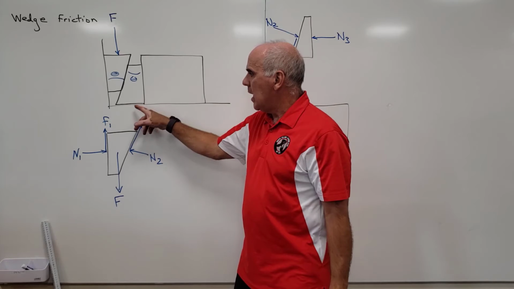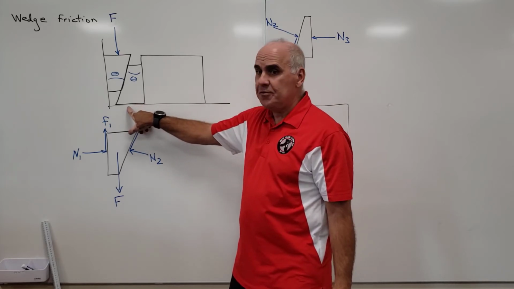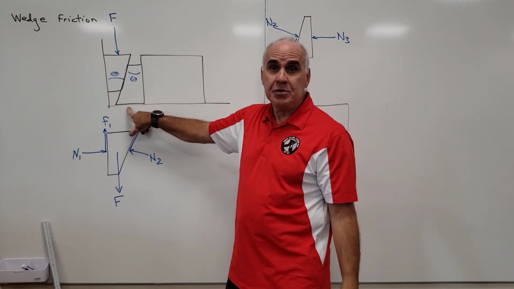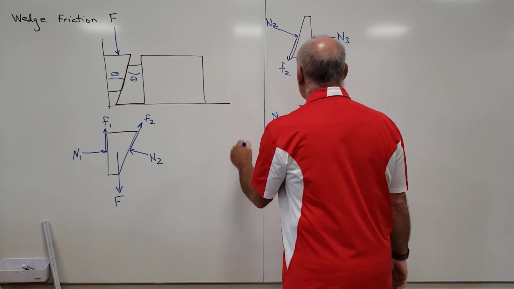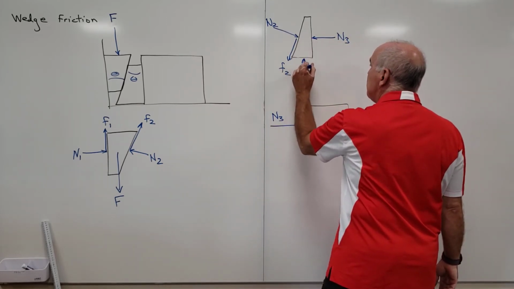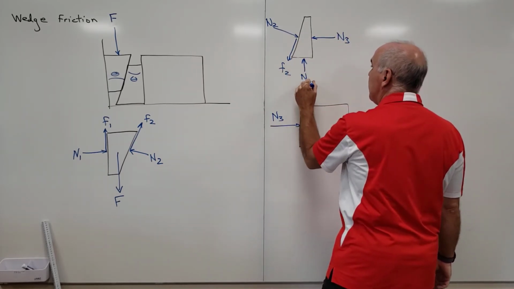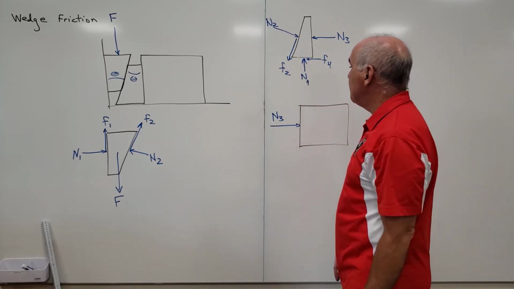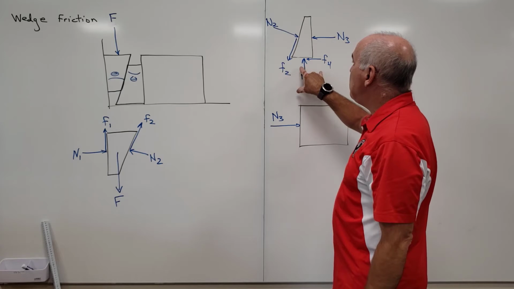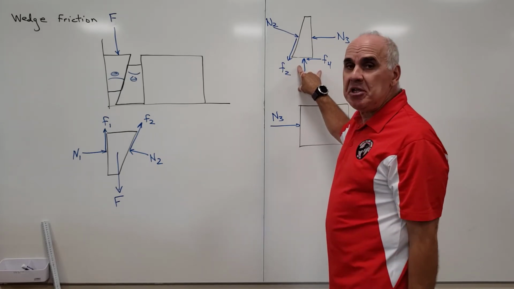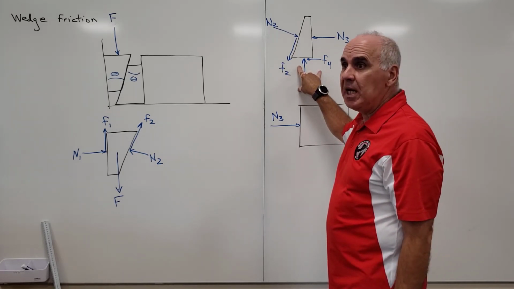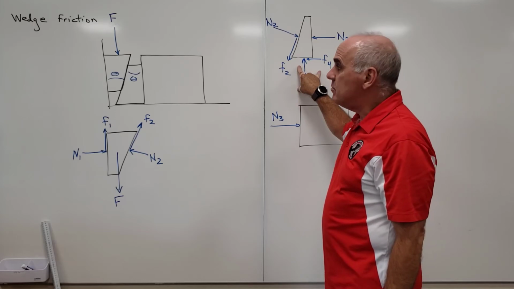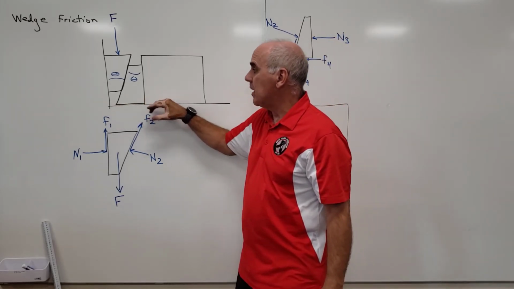We will ignore the frictional force here against the ground. We don't have to. We could assume that normal force, and I'm going to call that N4 and F4, frictional forces. They could be there, but they might not be, right? It's just going to depend on whether or not this is in contact with the ground.